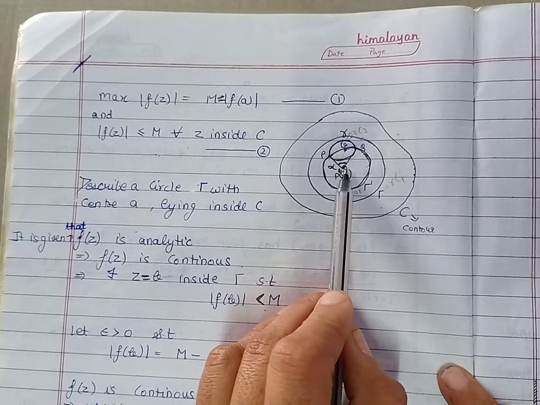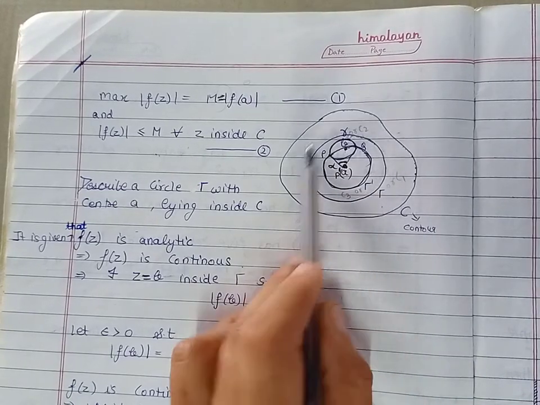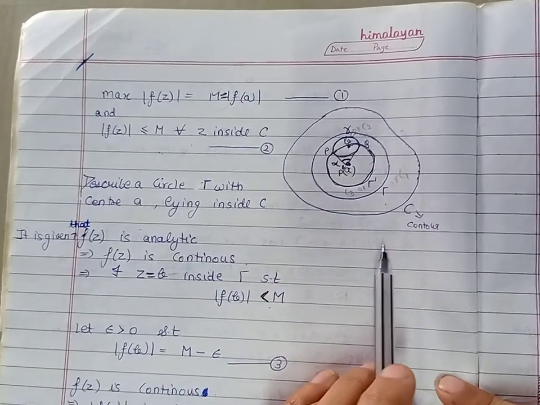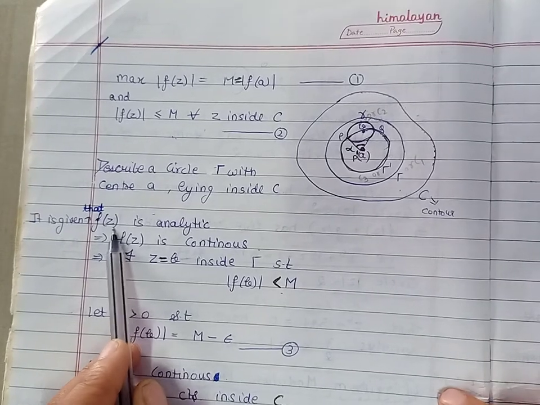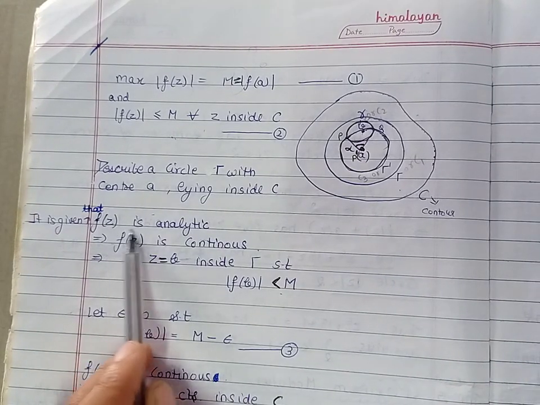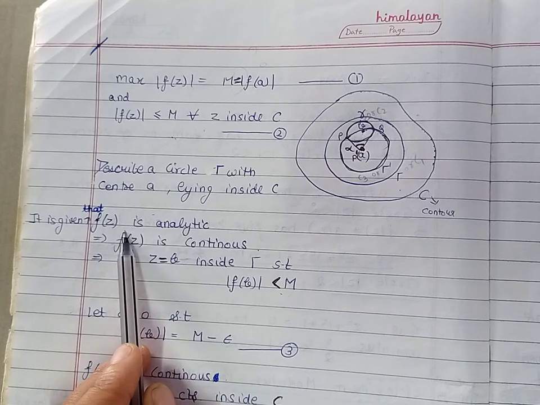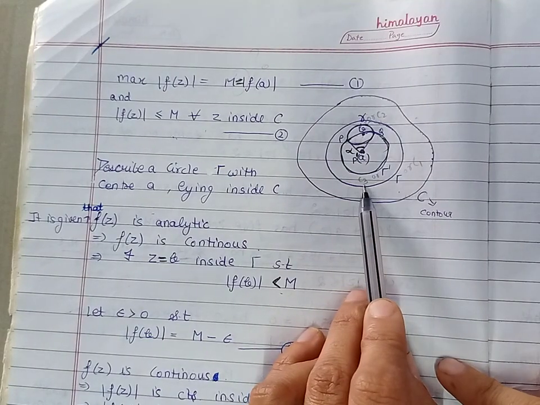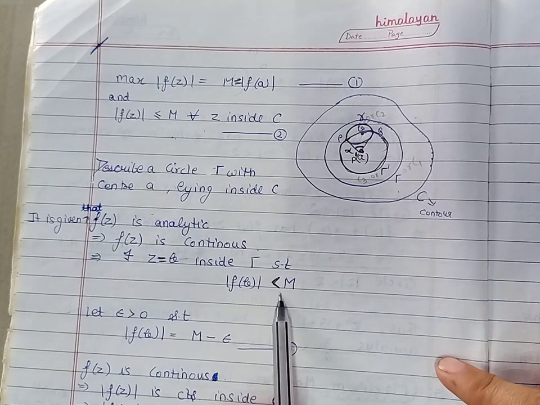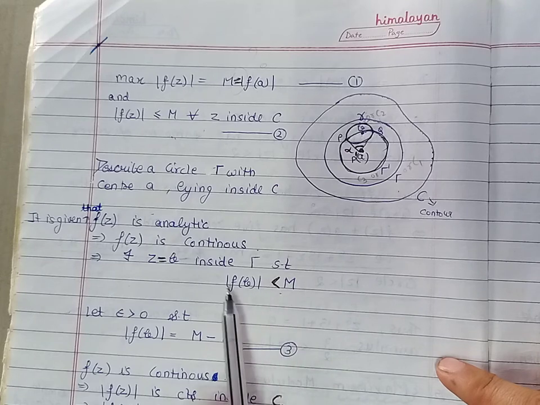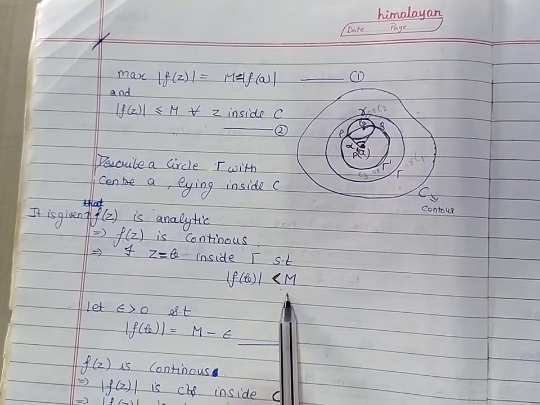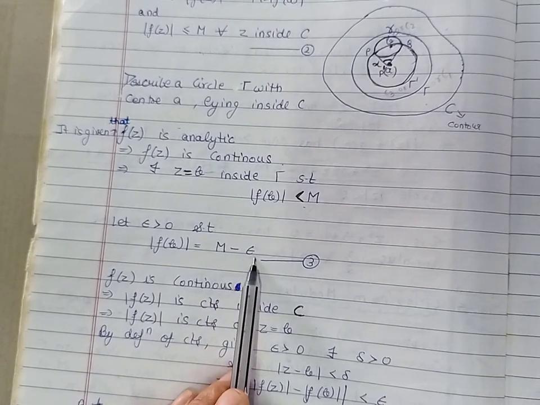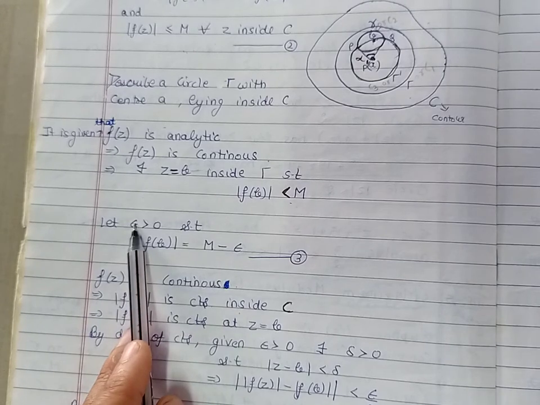The center of circle gamma is A, and this circle gamma is lying inside this contour C. Now because we are given that f is an analytic function, it is continuous, and therefore by continuity there will exist a point z = b inside this circle such that |f(b)| is less than M. Because |f(b)| is less than M, let us denote |f(b)| by M minus epsilon, where epsilon is greater than 0.